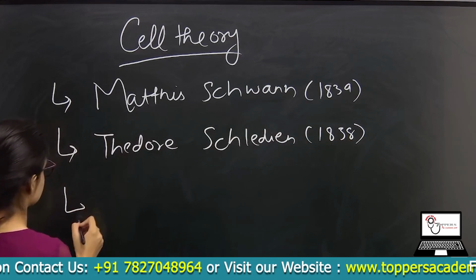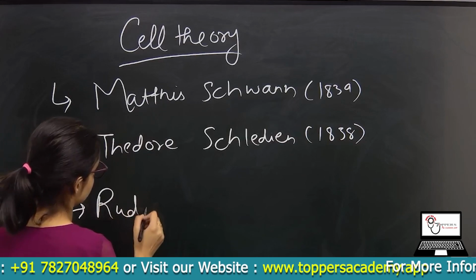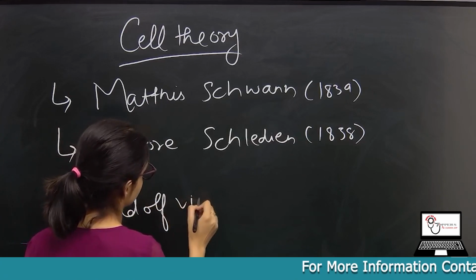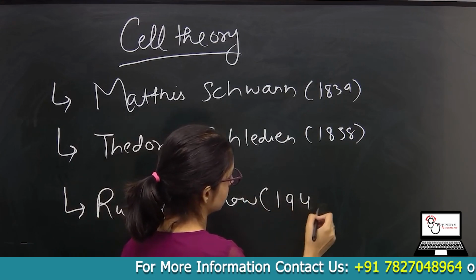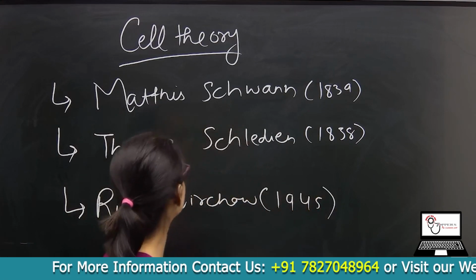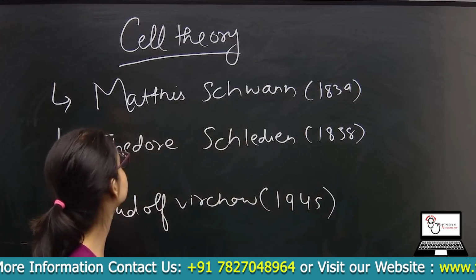Another scientist is Rudolf Virchow. The year is 1855. So what did they do?